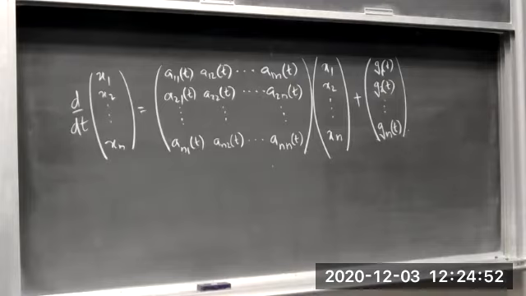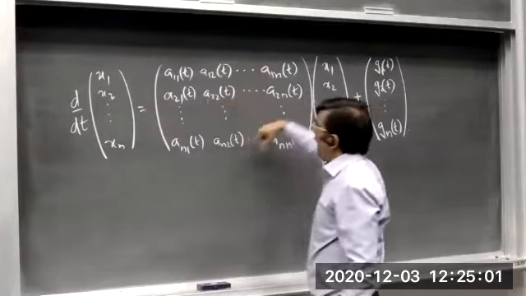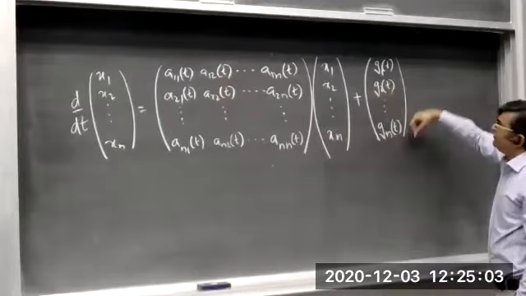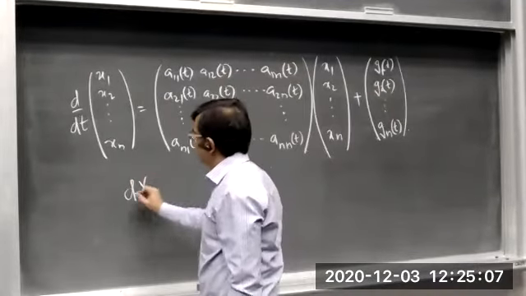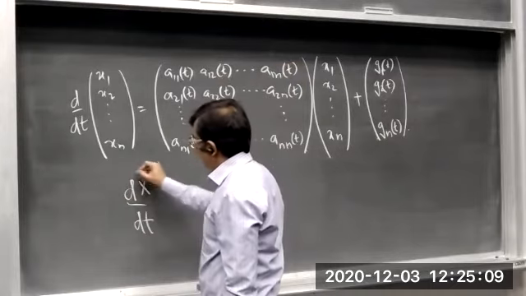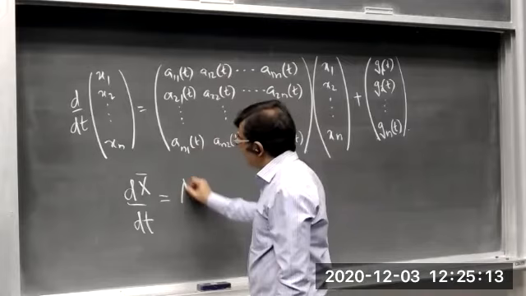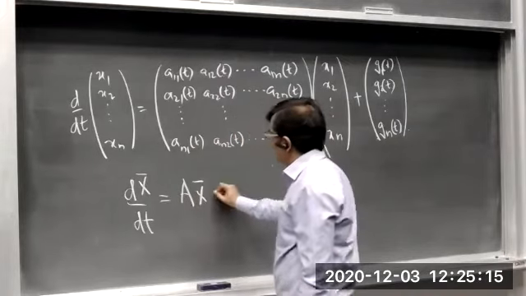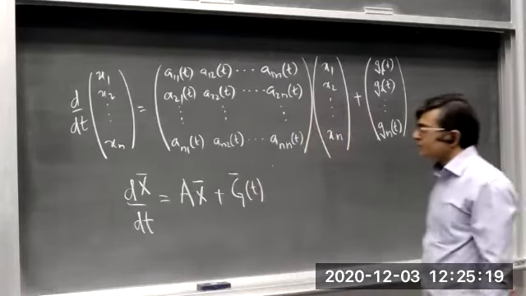So this is how we can write the system in matrix form. Further, assuming this is your x vector, this is your A matrix, and this is your G vector, we can write dx by dt, where x is a vector so you put a bar here, equal to A times x plus some G vector, which is a function of t only.